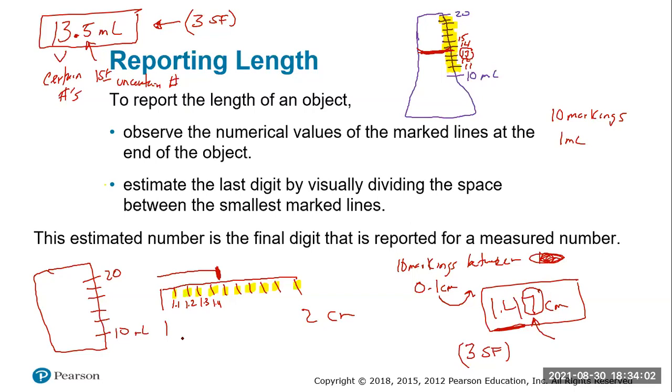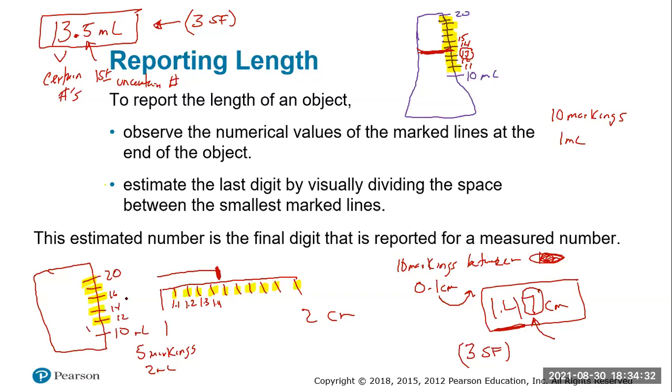if we count between these two guys, we got 1, 2, 3, 4, and 5 markings. So in this particular case, we actually have 5 markings between the 2 big numbers. That means each marking actually represents 2 milliliters. This would be like 12, 14, 16, and so forth.